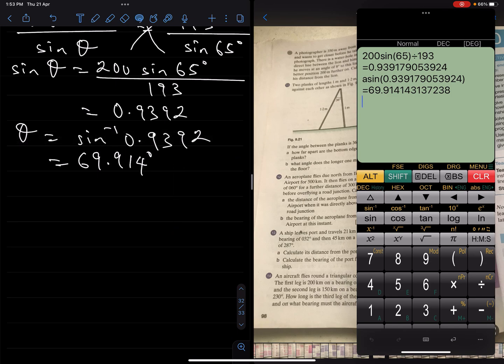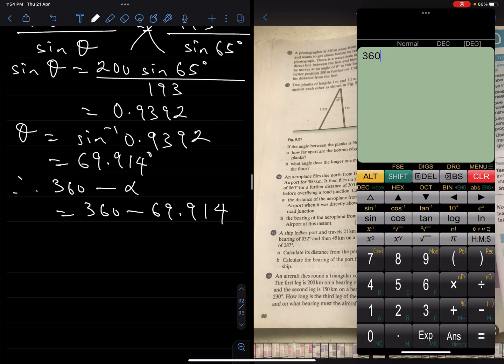Now that simply means the bearing on which the aircraft must fly to travel the third leg and complete the legs is going to be 360 minus alpha, which is equal to 360 minus 69.914, which is 290.